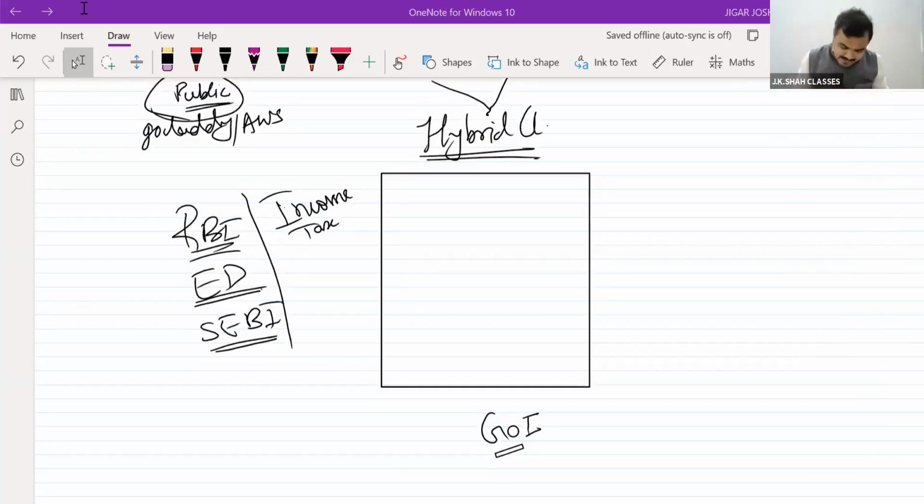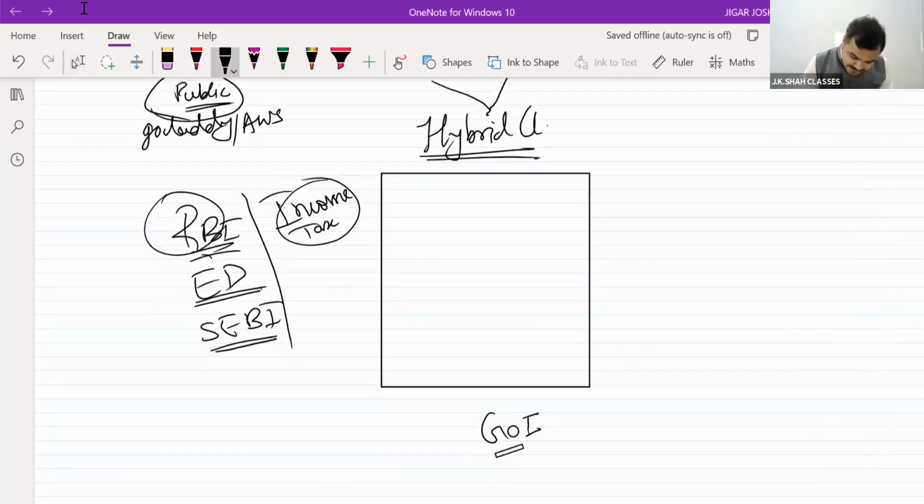And these organizations, RBI, Income Tax, ED, SEBI, are holding very sensitive data. In that scenario, it is really difficult to keep them on a public cloud for security reasons. Understood? I cannot give them a private cloud. Why? Sir, you can't afford it.